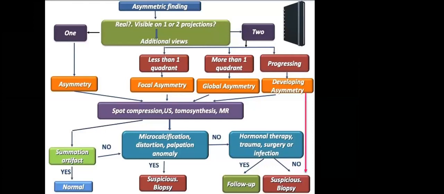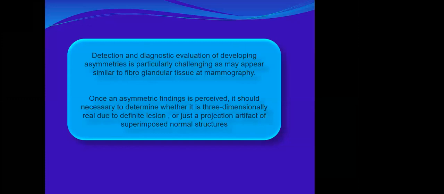Okay, so now we went through the algorithm. We understand the algorithm. We'll go through examples. Before going through the examples, detection and diagnostic evaluation of developing asymmetries is particularly challenging, as they may appear similar to fibroglandular tissue at mammography.